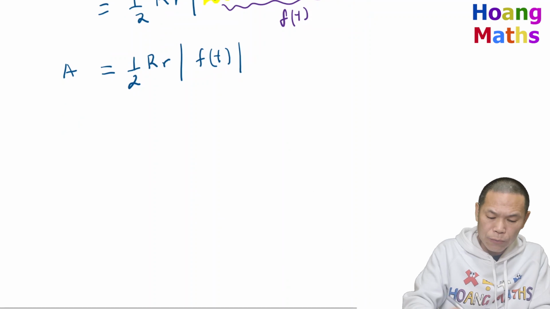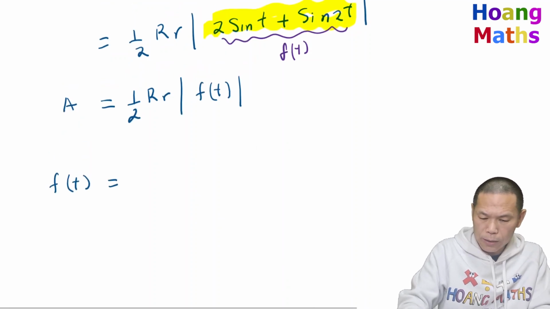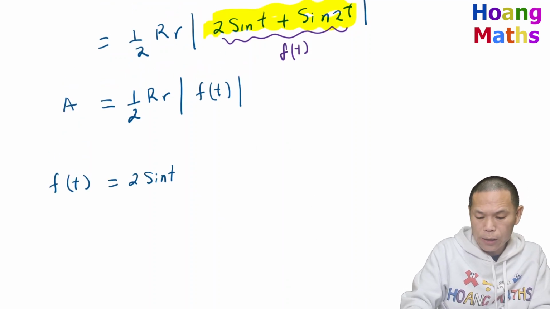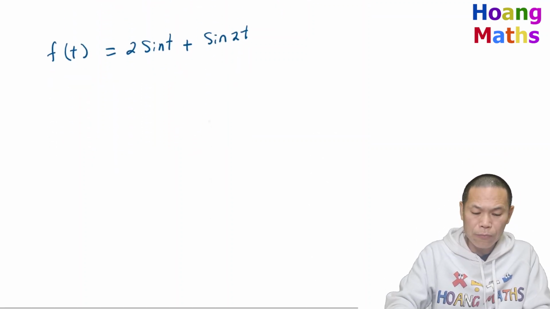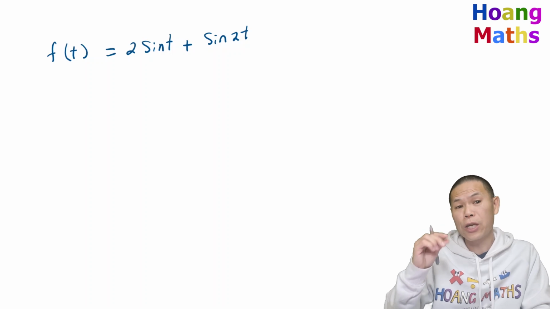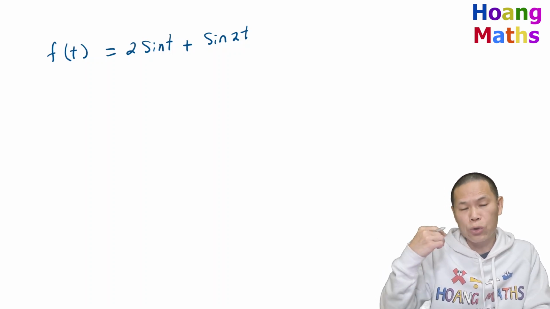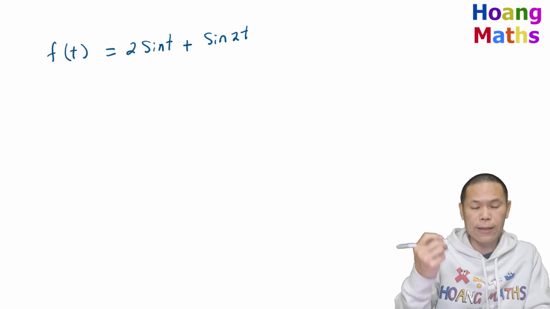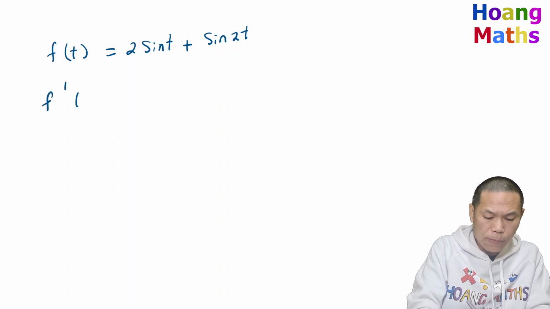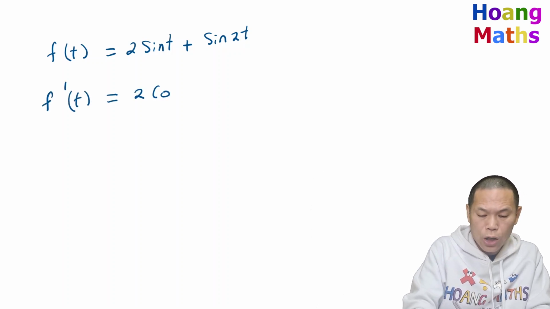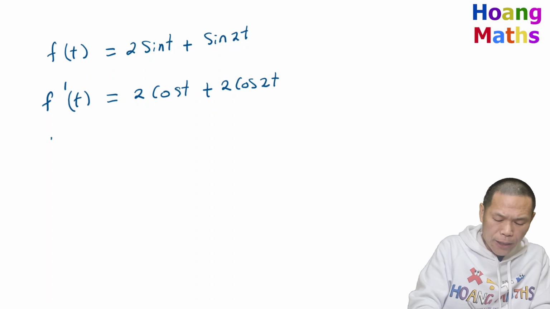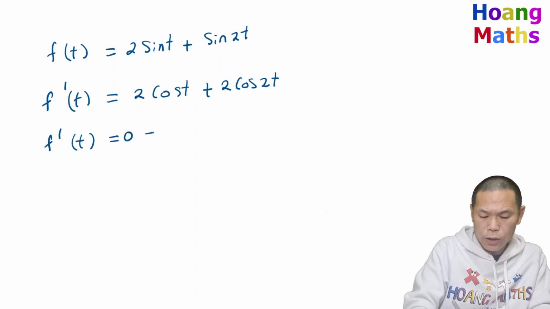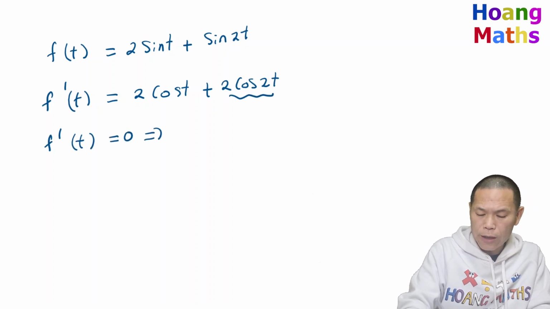We know that f of t is 2 sine t plus sine of 2t. We differentiate first, make it 0, solve for t, and test it. So f dash t is equal to 2 cos t plus 2 cos of 2t. Then f dash t is 0.